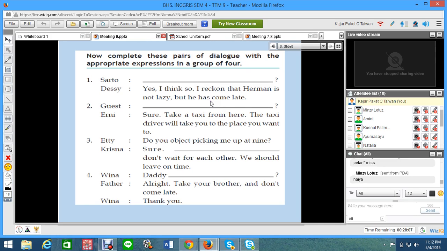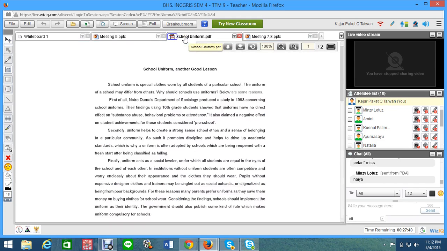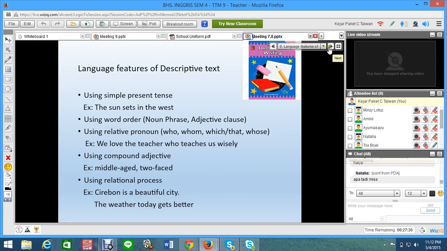Dibagi 4 kelompok, terserah kalian siapa kelompoknya, tapi satu kelompok consists of 4 people. So you have to fill this one, this one, this one, this one. This is your homework, as a group homework. Now, this is the example of analytical exposition text. Okay, wait.